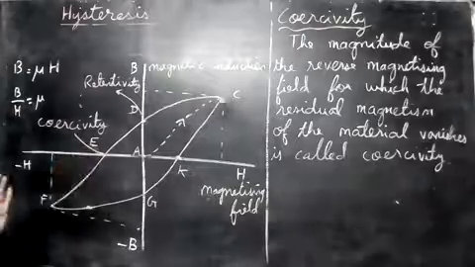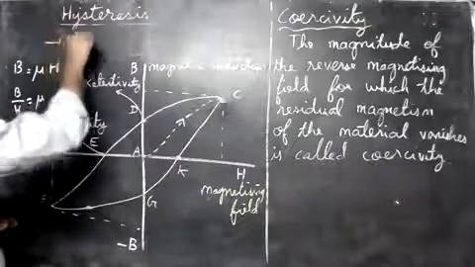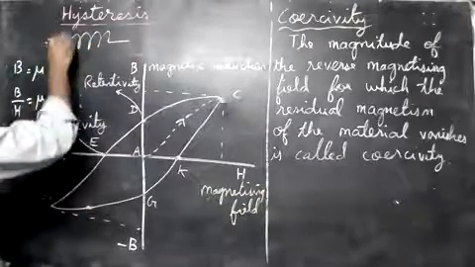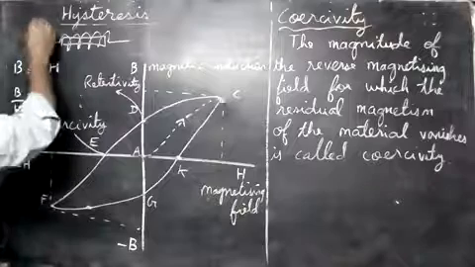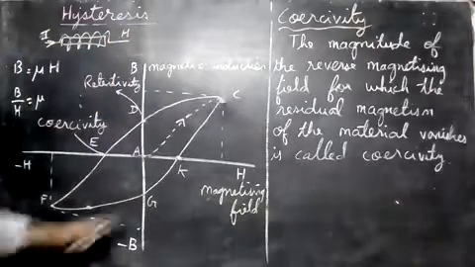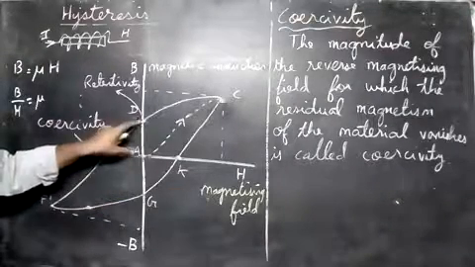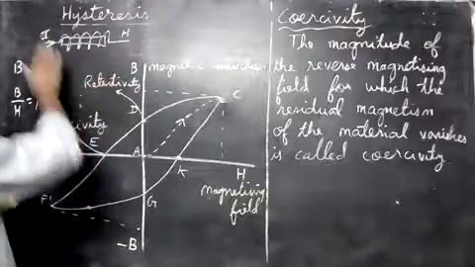For example, see, this was a coil, and in the coil we had this substance. We send current I this way, and it produces a magnetizing field H. Now it got up to here, and we must reverse it. To reverse it, we send the current in the opposite direction.